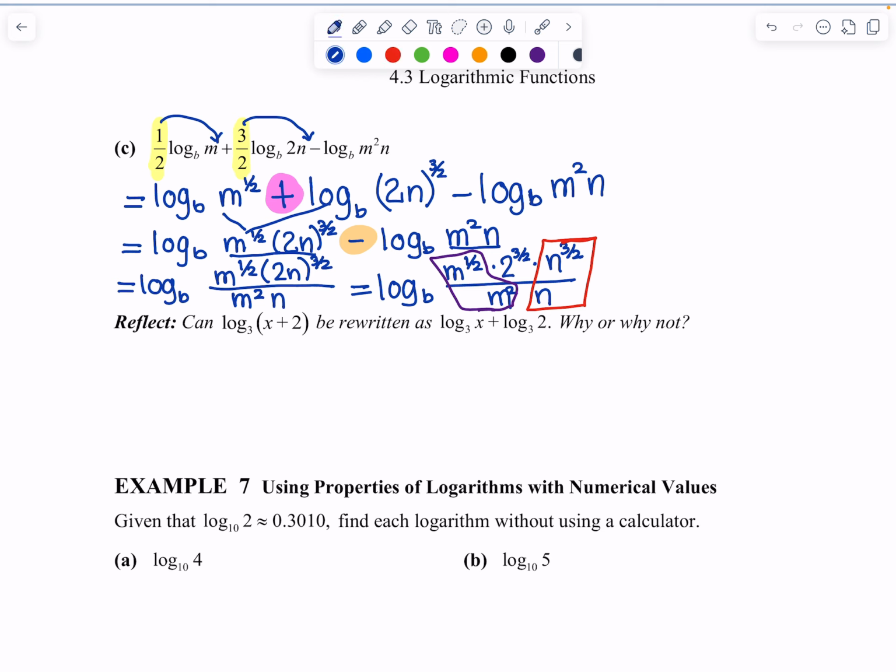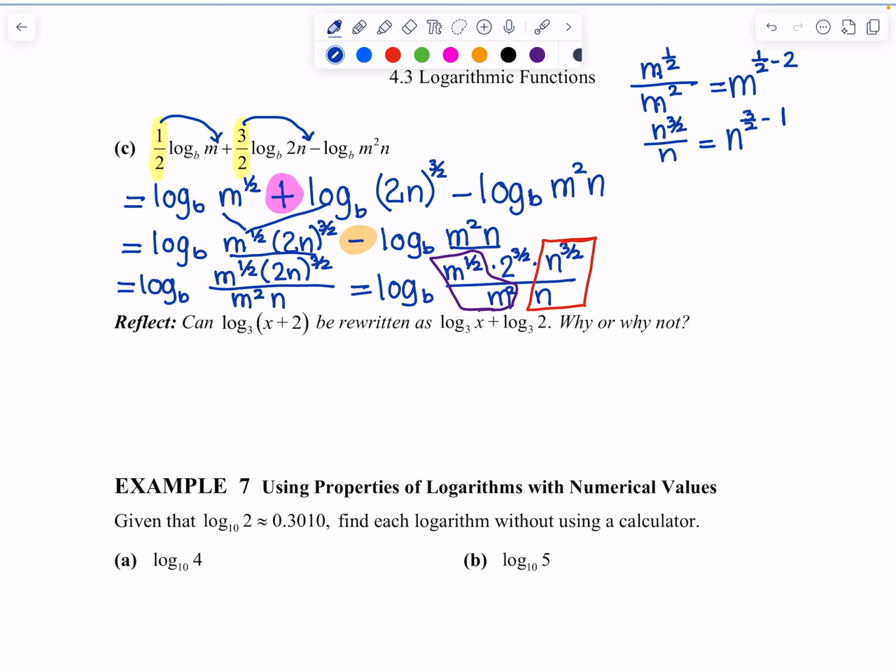So I'm going to go on the side of the paper. I'm going to say m raised to the 1/2 divided by m squared. Laws of exponents says because they have the same base, which is m, I subtract exponents. That's all it's saying. n to the 3/2 over n, same thing. Same base, I subtract exponents.